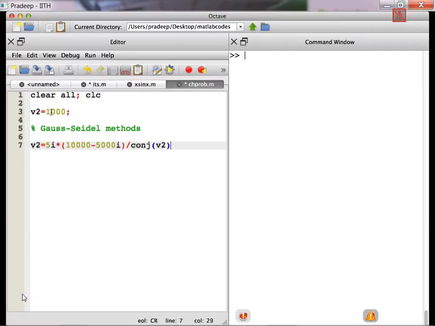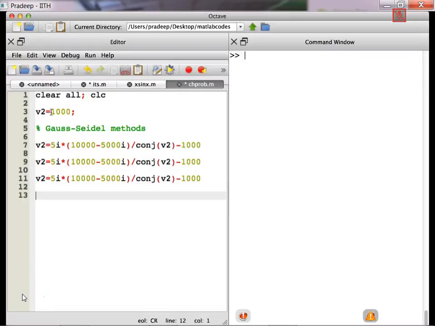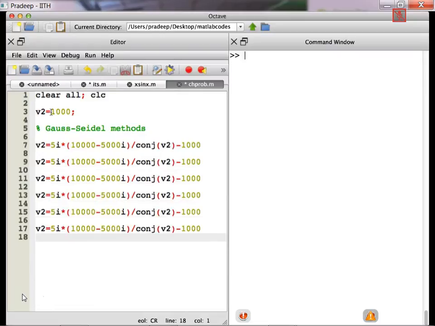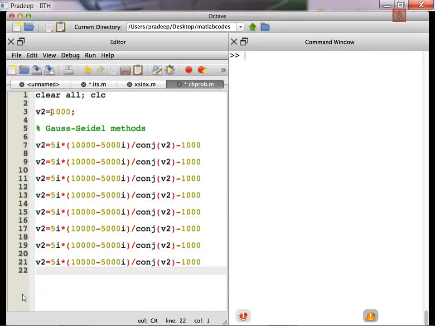So I use this conjugate function, then minus 1000. So this line I will run multiple times. So 1, 2, 3, 4, 5, 6, 7, 8. 8 times I can run it.